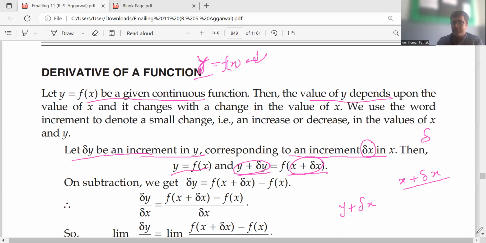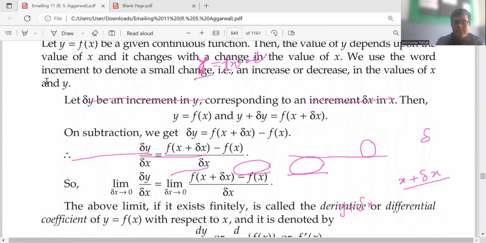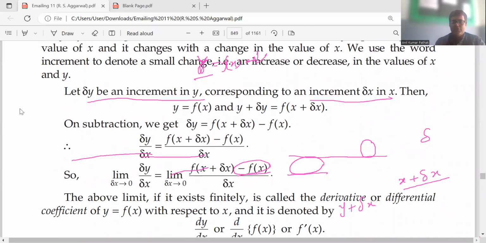Now what I do, you get here two functions. One function was the earlier function that was given to you. So now we have got here two functions.